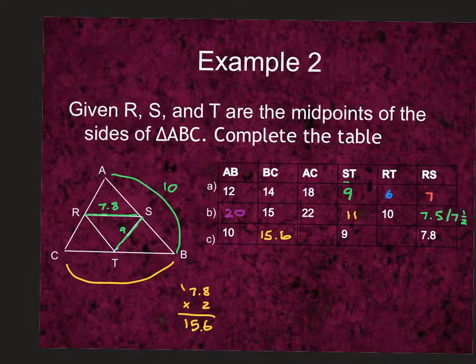That's 15.6. If I want AC, which is here, I'm going to take the midsegment, which is 9, and double it. That's 18. And if I want RT, which is here, now that's the midsegment, so I'm taking the 10, dividing by 2, and I get 5.